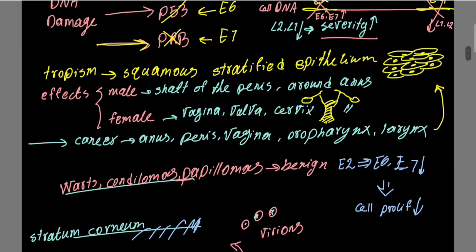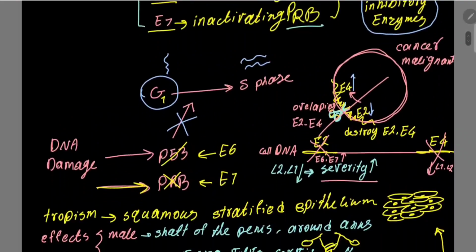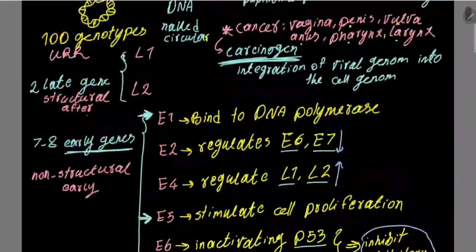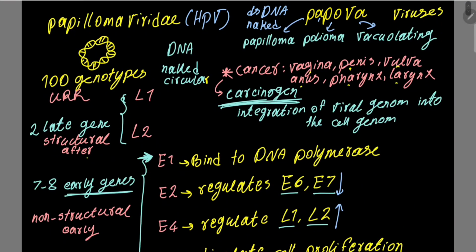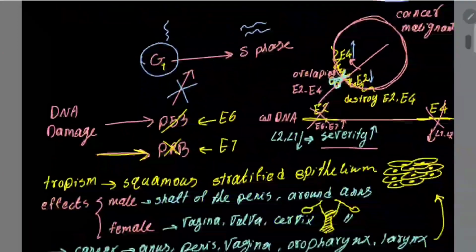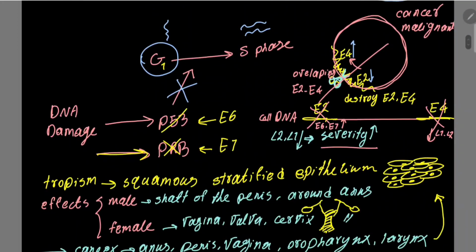The genome, as we said here, we mentioned that we have a circular DNA, but our genome in human is linear. So when the circular genome is going to be inserted inside the linear genome, it has to be cut. This cut happens between the E2 and E4.